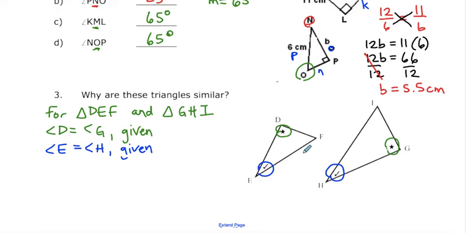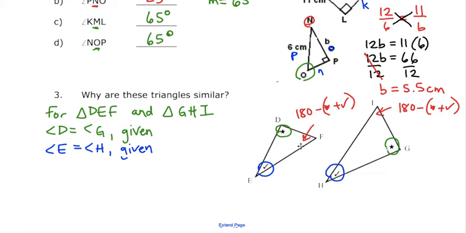So I know that the angles inside of a triangle add up to 180 degrees. So this angle F right here would be 180 subtract star plus check mark. But this angle I would also be 180 subtract star plus check mark. And these are exactly the same.